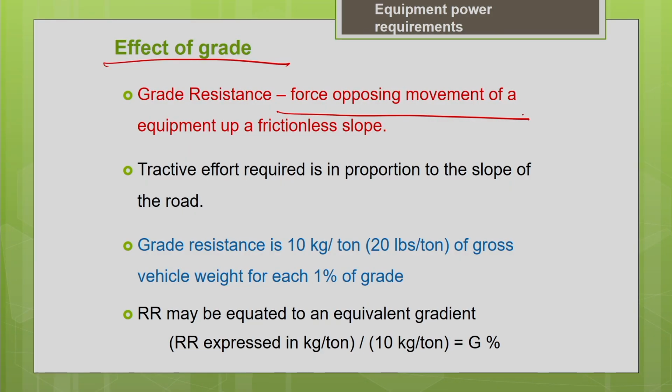So, there is a force opposing the movement of the machine when it is moving up the slope, that is called grade resistance. That is a force opposing the movement of the machine up a frictionless slope. The friction part is considered separately.